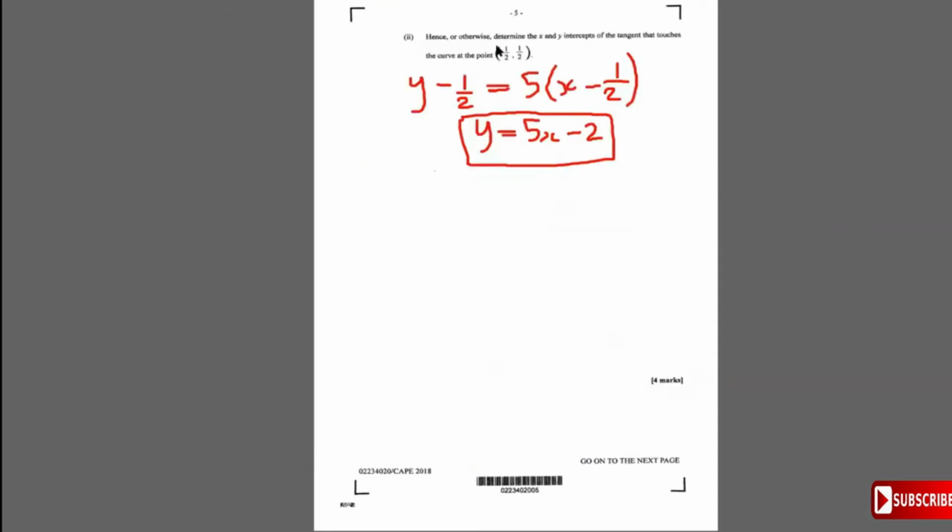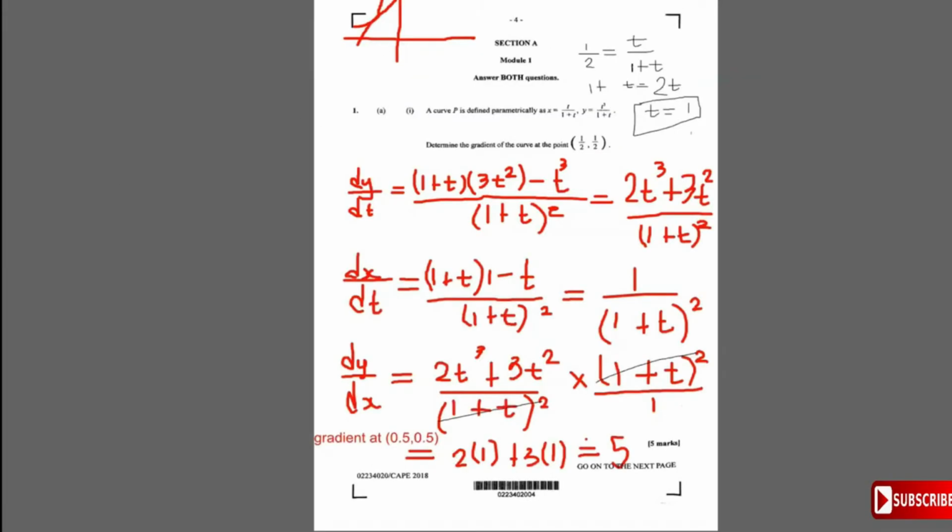They say they want to determine the x and y intercepts of the tangent that touches the curve. x and y intercepts mean where it crosses the axis. So this is what they want: this here and this here. They want the x and y axis intercepts.